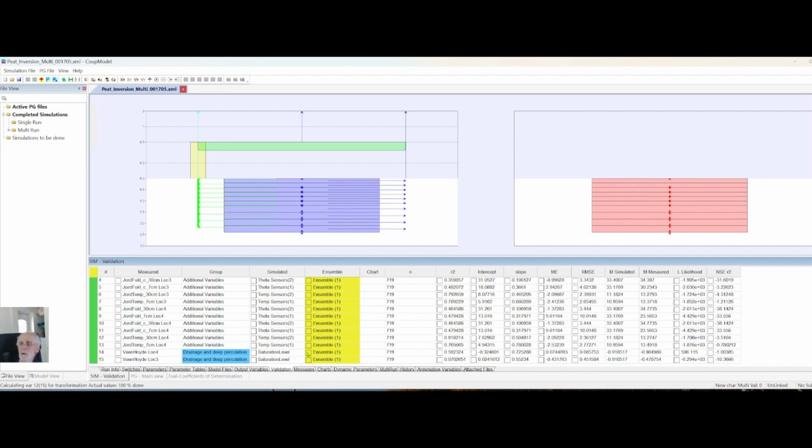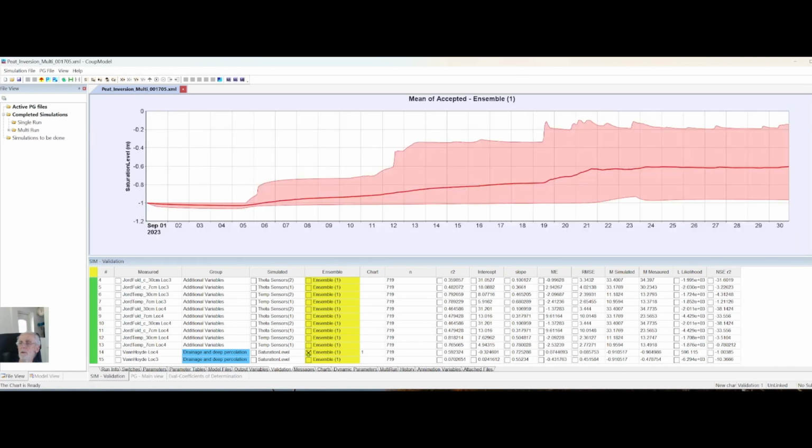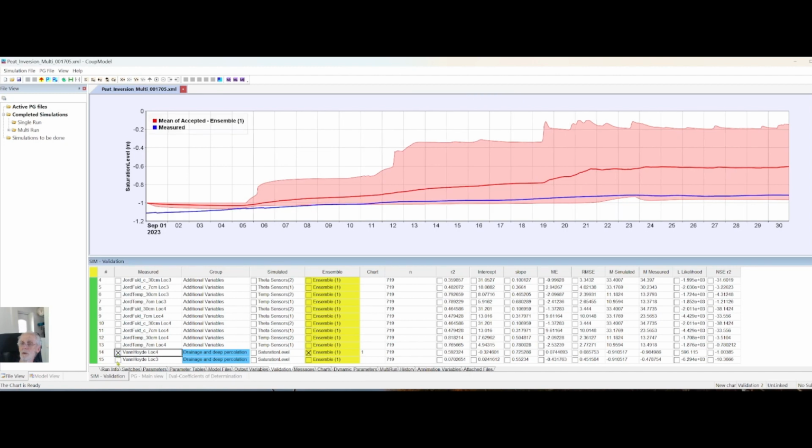groundwater, and that was interesting, because if I click on this ensemble for the saturation level, you could compare it with what we had from the two positions of the measurements. One position was especially beneath in the very beginning.